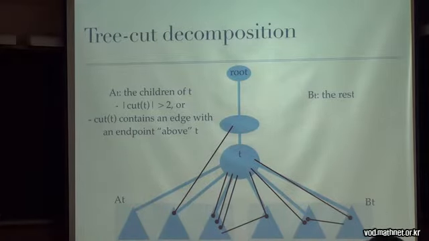The first observation is that the number of children in AT is bounded by K. Do you see why?